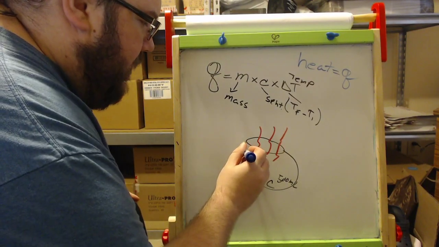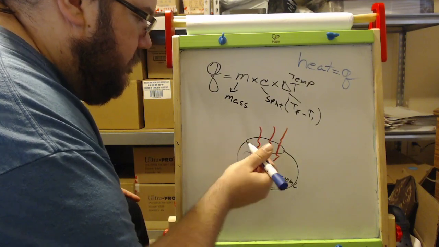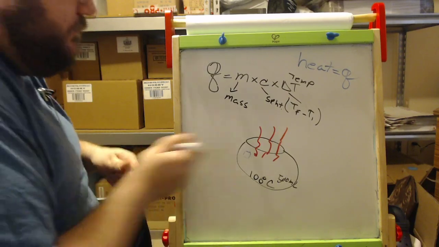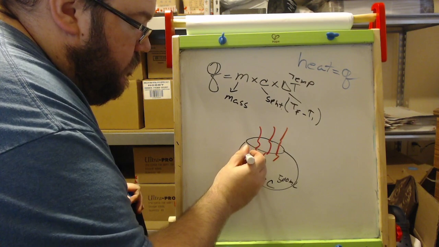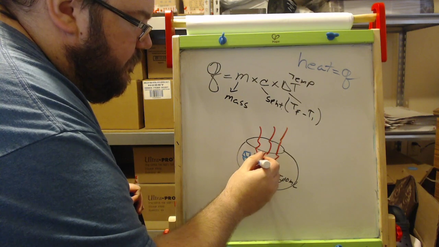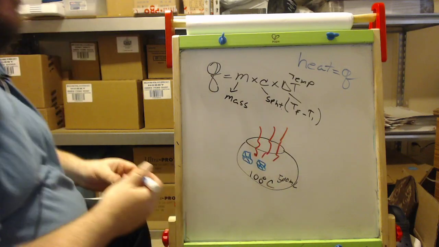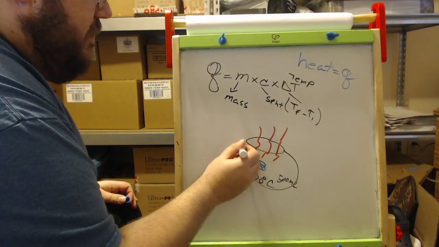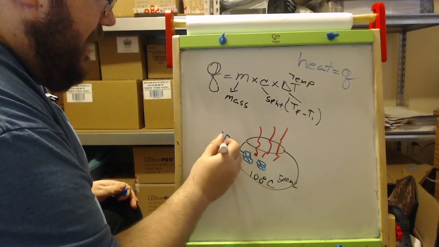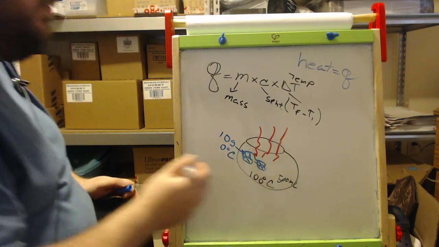So maybe mom, dad, grandma, aunt, uncle, whoever used to put some ice cubes in the soup. Okay, and let's say they put in 10 grams of ice cubes, and the ice cubes are at 0 degrees Celsius. So the total mass of the ice cubes is 10 grams.